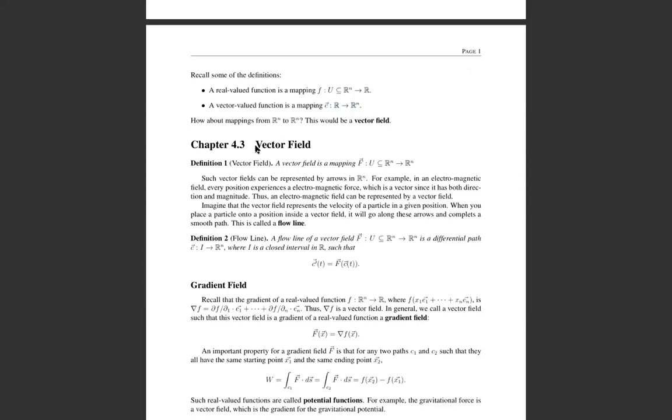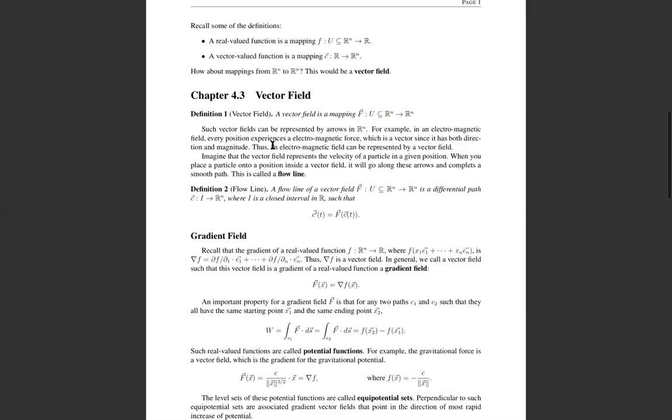So how about mapping from Rn to Rn? In that case we will have a vector field for such mappings. So how do we make sense of Rn to Rn mapping?